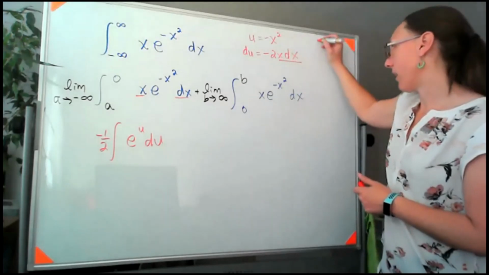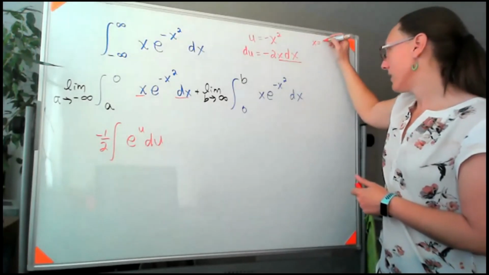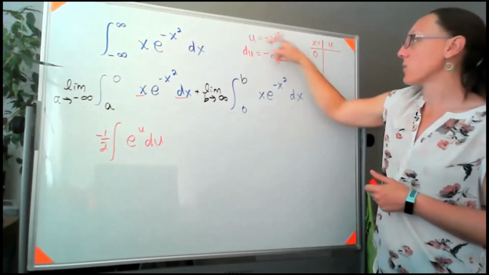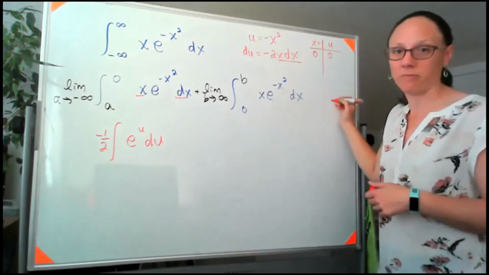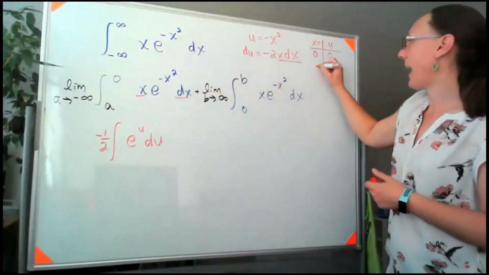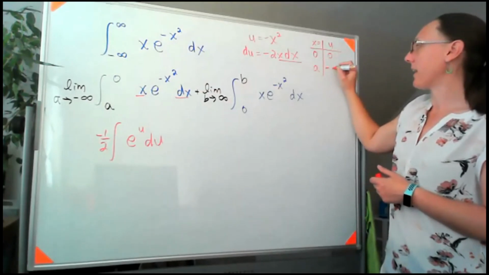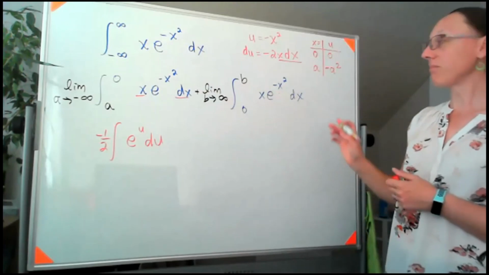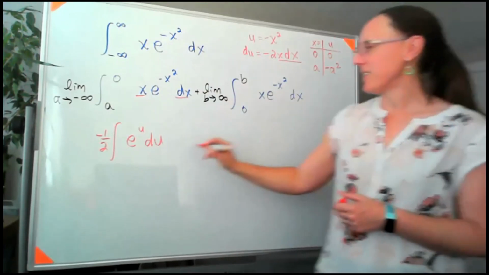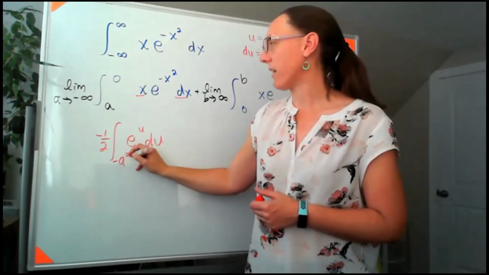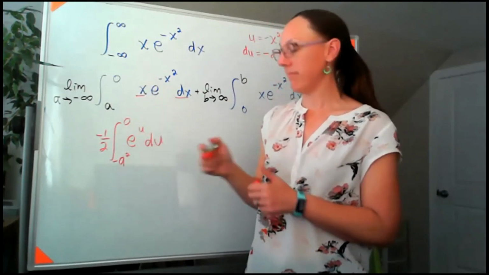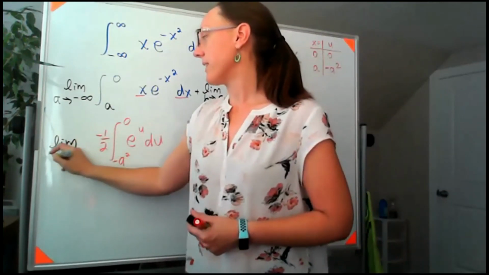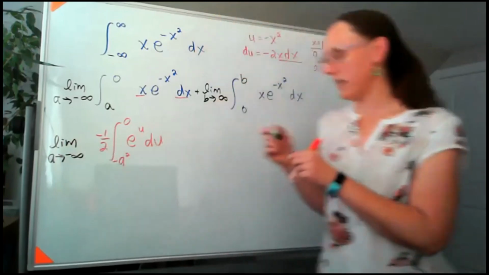So I'll have my x and my u. When x is 0, 0 squared makes my u 0. And when x is equal to a, u would be negative a squared. When I change the bounds, I've got to keep the a where it is, so that'll be negative a squared, and keep the 0 where it is. And we'll still have that limit out in front, the limit as a approaches negative infinity.